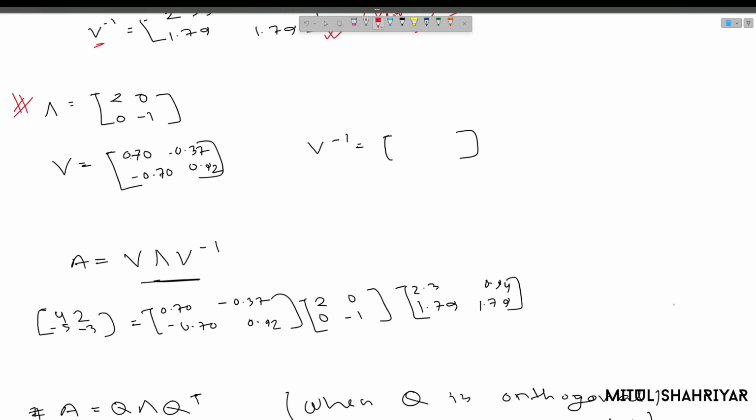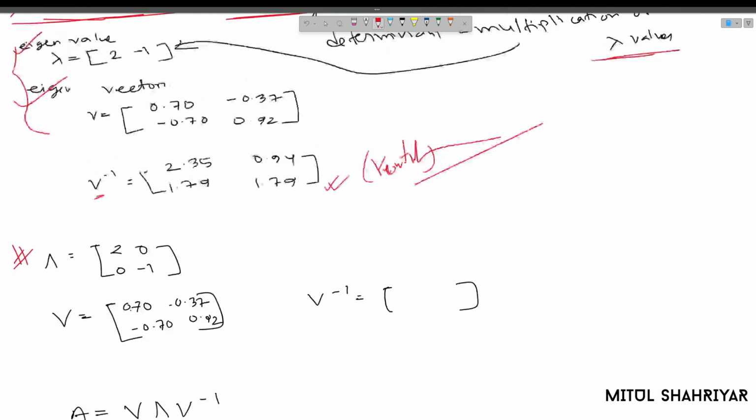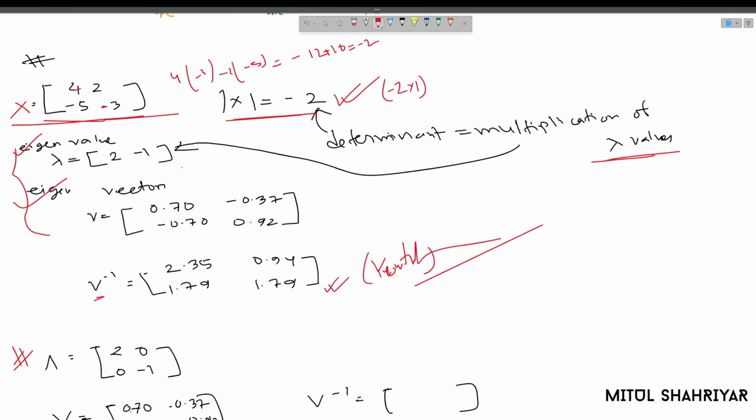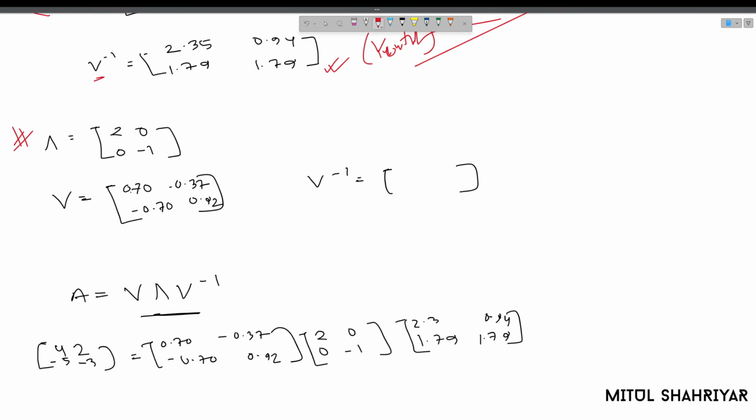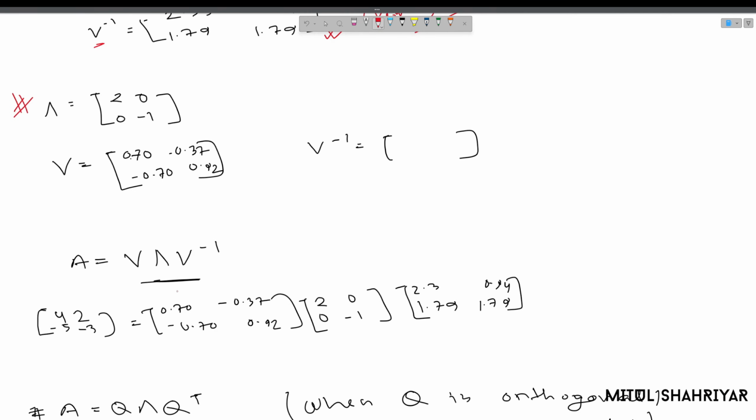If you just look into that, you can see we have 2, minus 1, right? Now it has row 1, column 2, so 2 columns. But to multiply a matrix, we have rules. We need to make sure that the dimensions are correct.